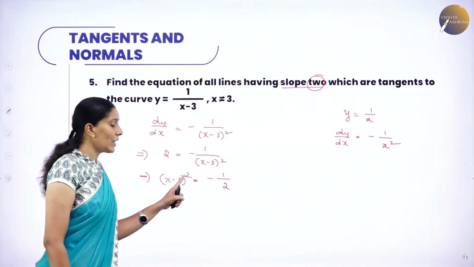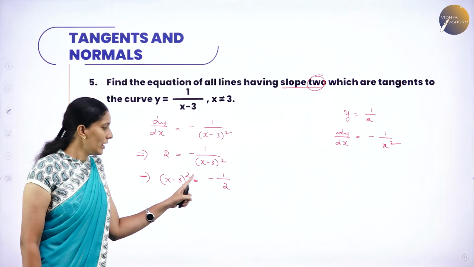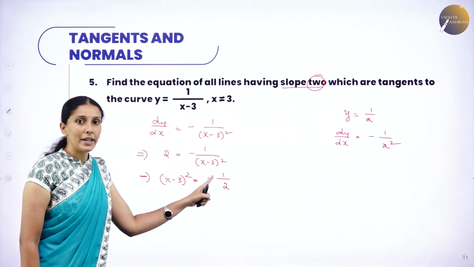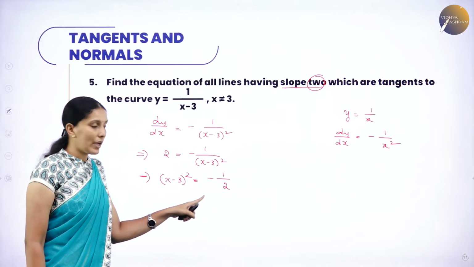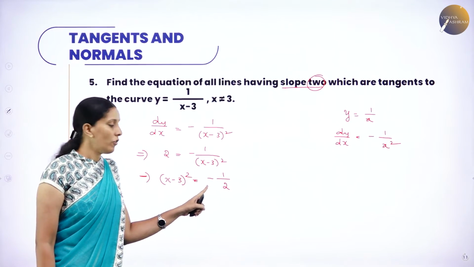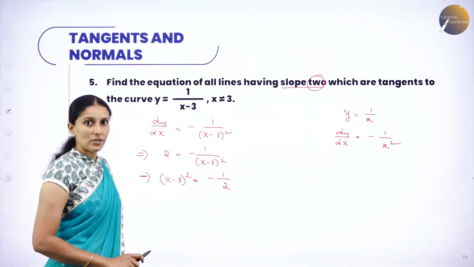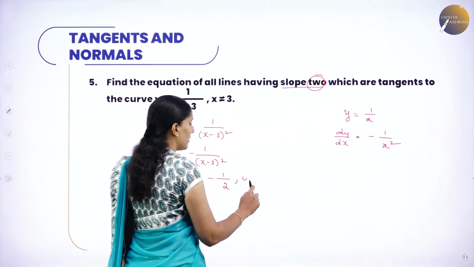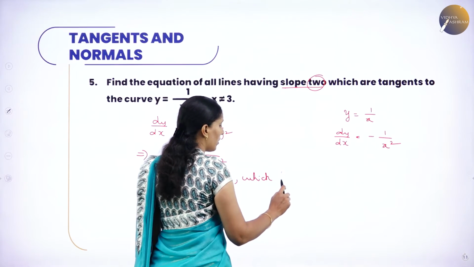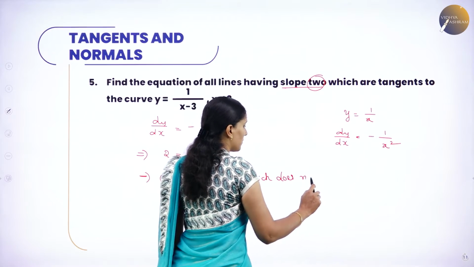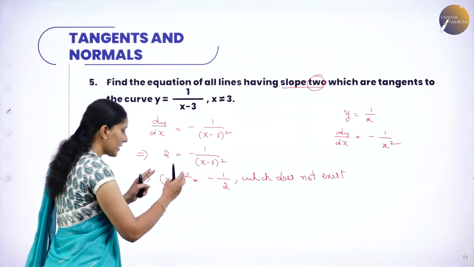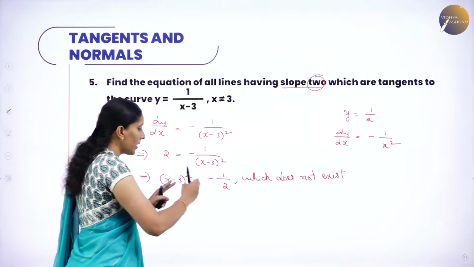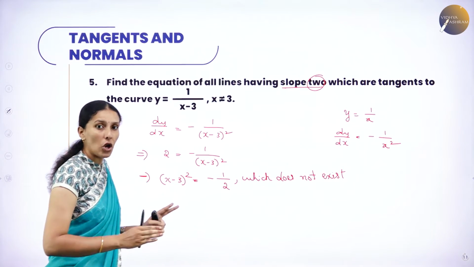See, x minus 3 whole square is a positive quantity, but here we are getting it as minus 1 by 2. When you take square root on both sides, we get square root of minus 1 by 2, which does not exist. So this kind of value does not exist, or you can write which is not possible, because this is exactly a positive quantity, but it is equal to minus half, which is not possible.